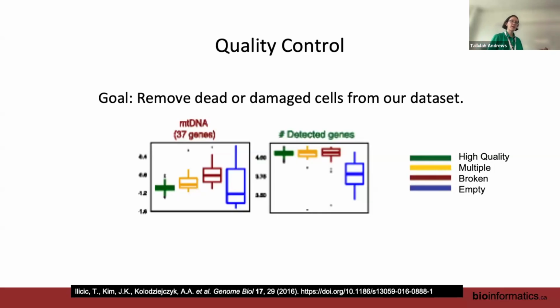They tested all of them and came up with two that work well. The mitochondrial RNA proportion was the best for detecting broken or damaged cells, whereas the total number of detected genes per cell was the best predictor of whether there was no cell present at all.